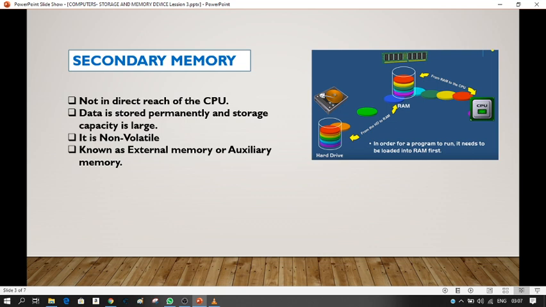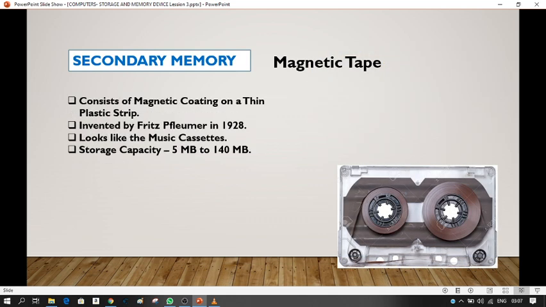We will now discuss the varieties of secondary memory or secondary storage devices. The first one is magnetic tape. The magnetic tape consists of a magnetic coating on a thin plastic strip.